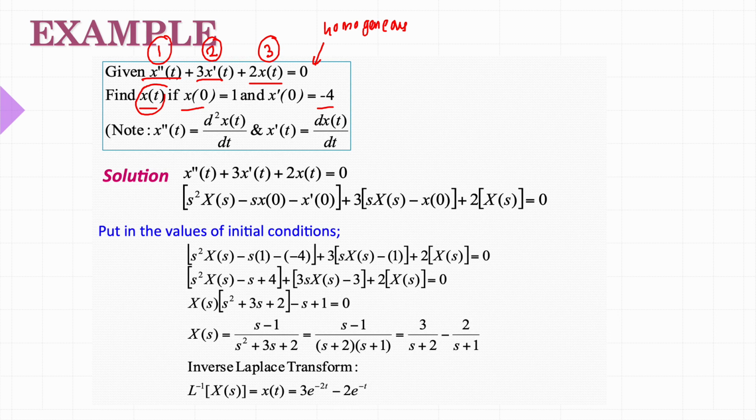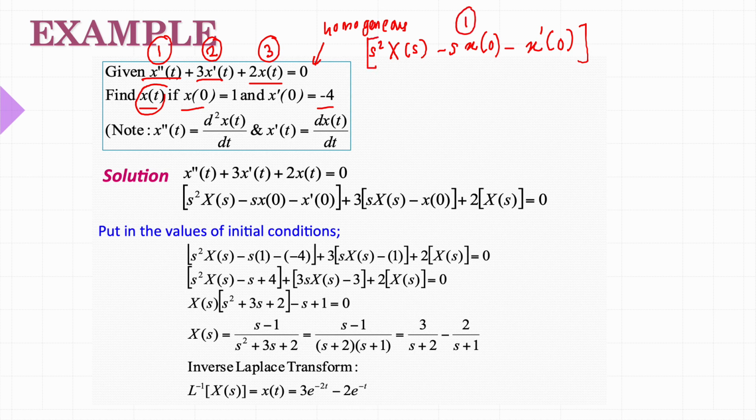For the first term, it can be written as s squared X(s), since our equation is in x, so X here, minus s x(0) minus x'(0). So this is for the first term.